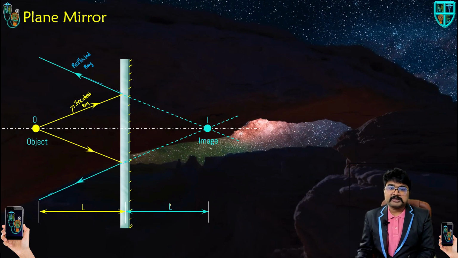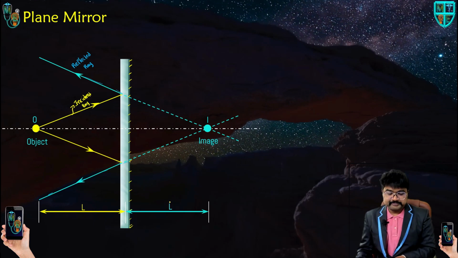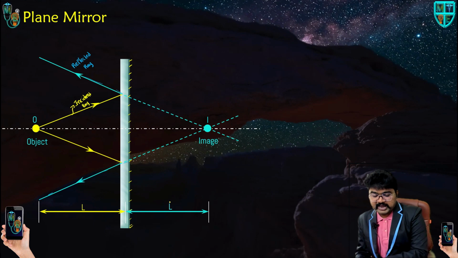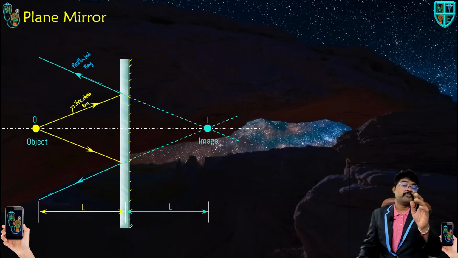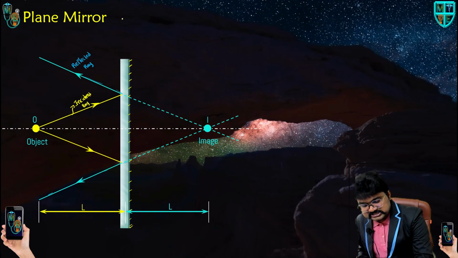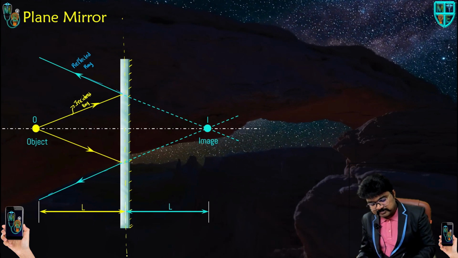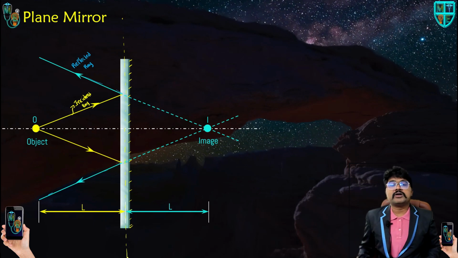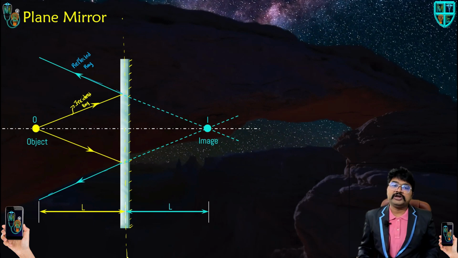This L is nothing but the perpendicular distance from the mirror. You will be drawing a normal to it. This distance and this distance both will be exactly the same. Okay? So this would be the axis of the mirror. We need to calculate the perpendicular distance from the axis of the mirror.